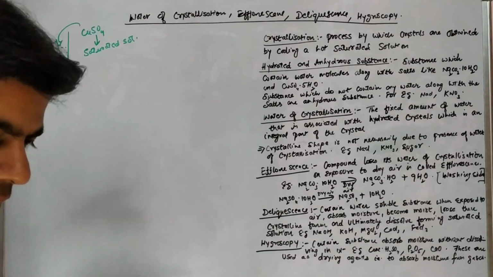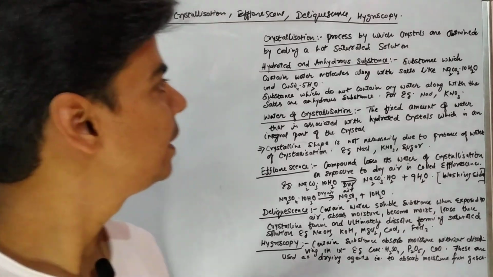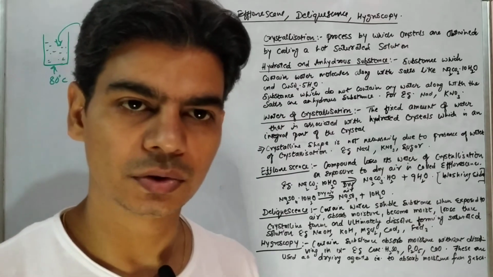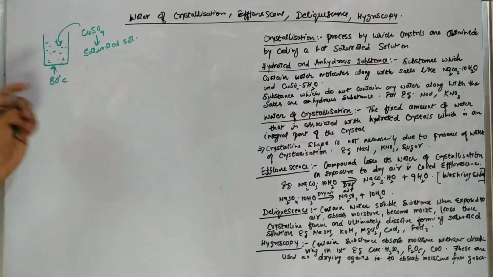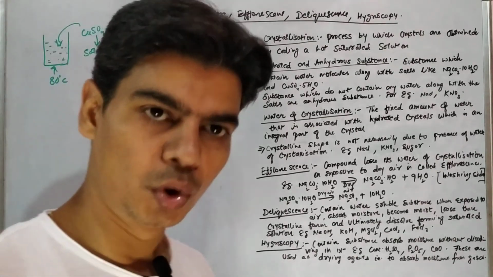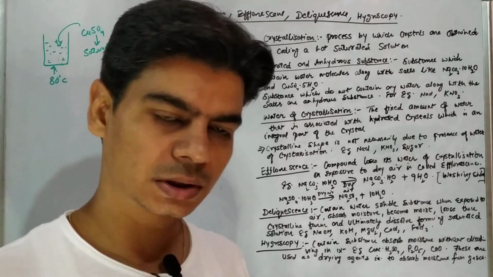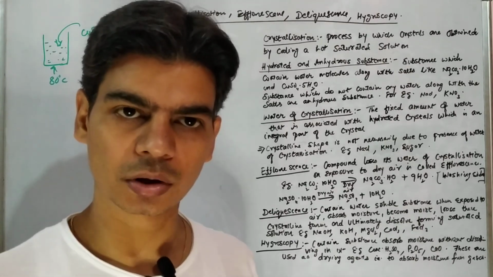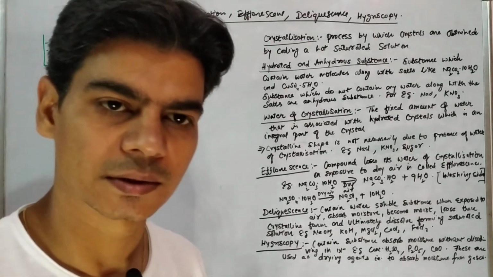What is the process of crystallization? It is the process by which crystals are obtained by cooling a hot saturated solution. We prepared a hot saturated solution, filtered it, and then cooled the filtrate, and after some time we noticed crystals settle down at the bottom of the beaker. This is known as the process of crystallization.